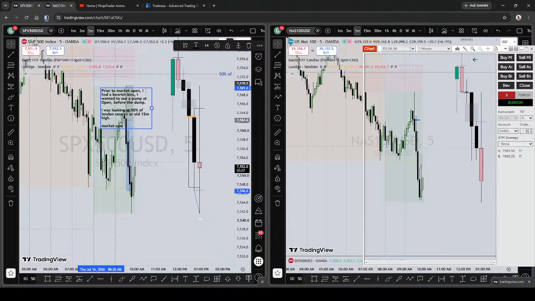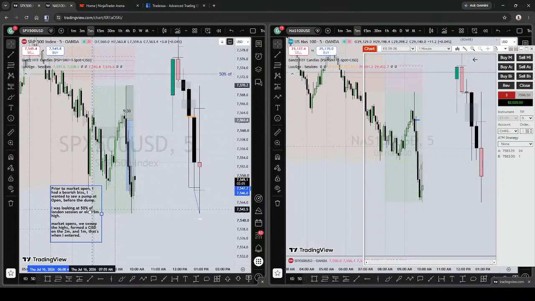Market opens, we sweep the highs from a chain instead of delivery on the 2 minute, before the 2 minute and 1 minute. So that's my analysis for this trade.